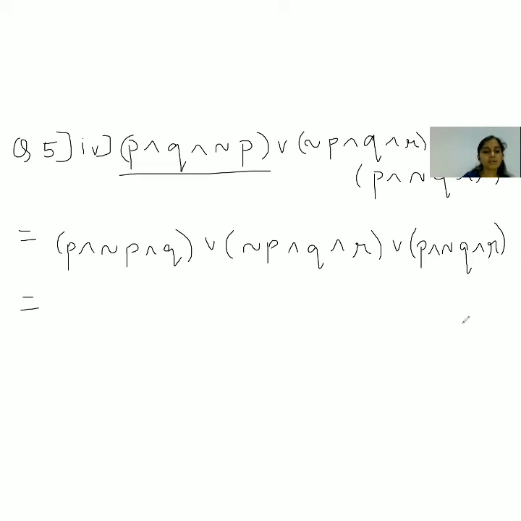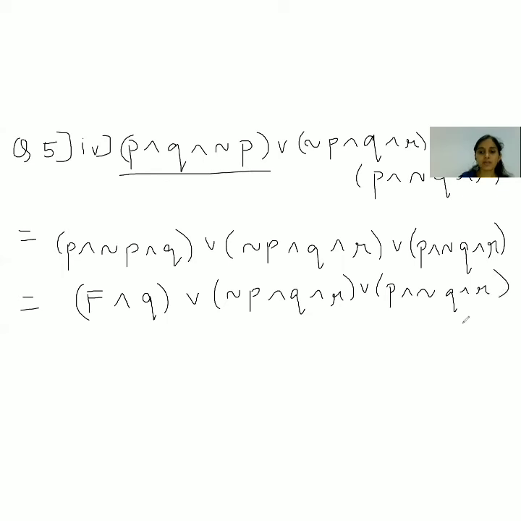P and its negation is F. F and Q, or the brackets again, negation P and Q and R, or P and negation Q and R.